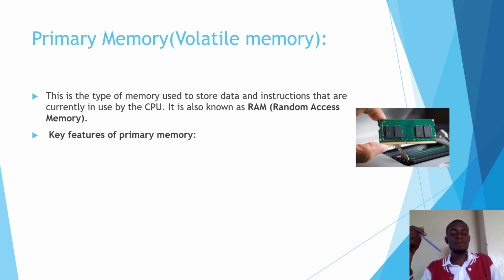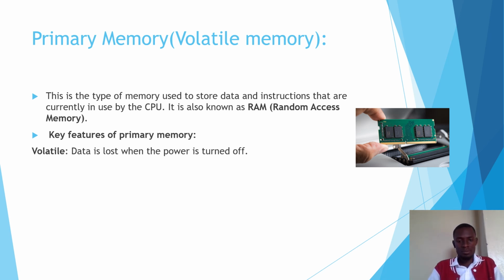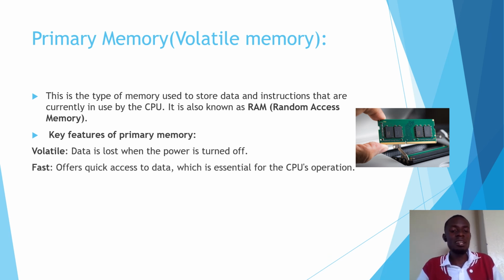And the key features of primary memory include volatility. This means data is lost when power is turned off. When you turn off the power, all the information, all the instructions on the RAM is lost, as long as it wasn't saved. That's one feature. The other feature is fast.